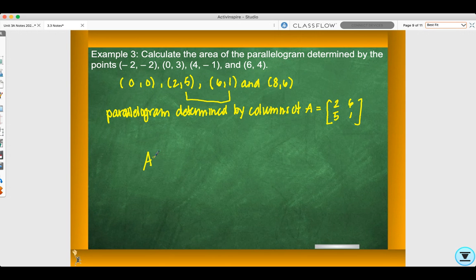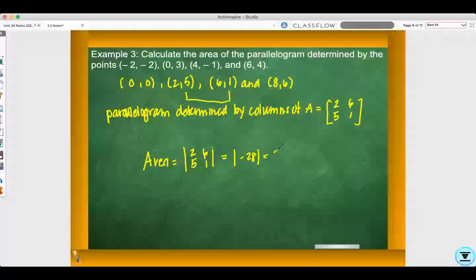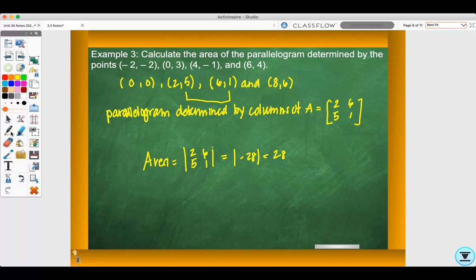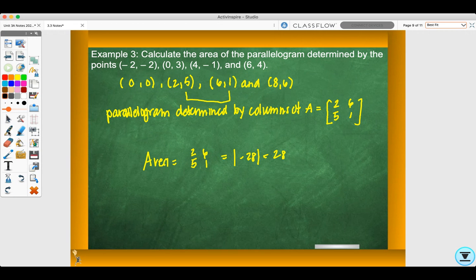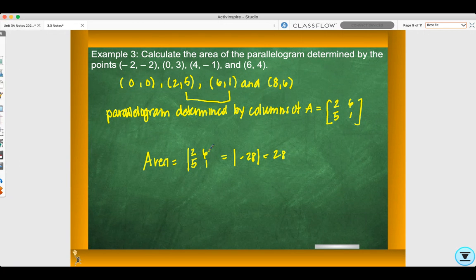So my area would equal the determinant of 2,5,6,1, which would be the absolute value of the determinant. The absolute value of -28, which is 28. And I just want to fix my notation here. So we know that this means determinant, but you also need to make sure you take the absolute value of it because area has to be positive.